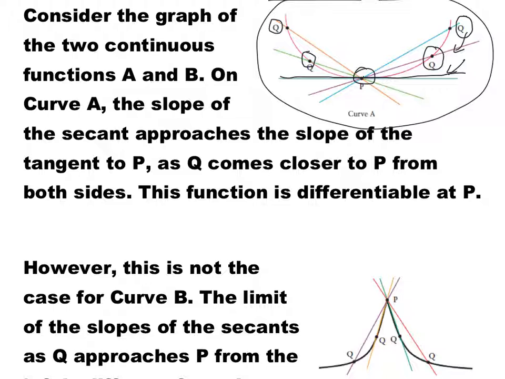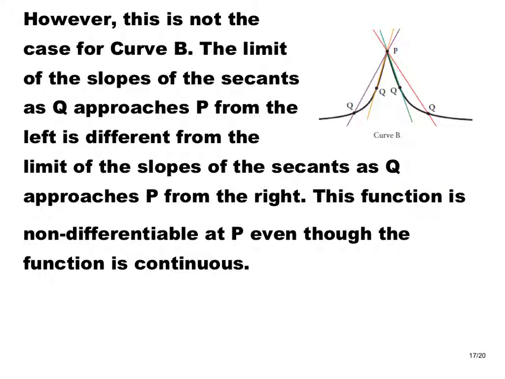Now consider the next graph. Again, in this graph, we want to find the rate of change at point P. So I'm going to get a point Q here, and I'm going to start decrementing the h value.